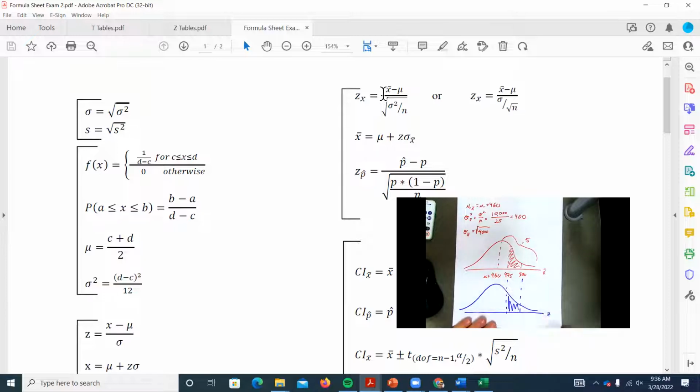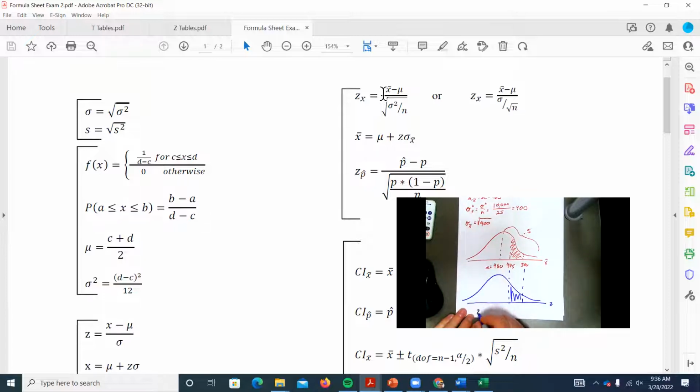So for this first one, that would be what? 475 minus the population mean of 460, divided by the square root of, I didn't leave myself a lot of room here, the original variance over my sample size.